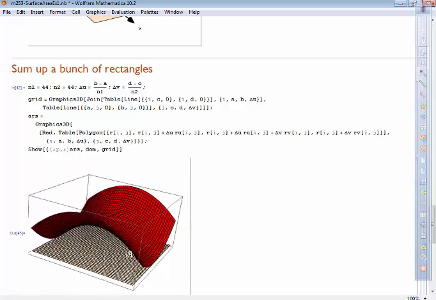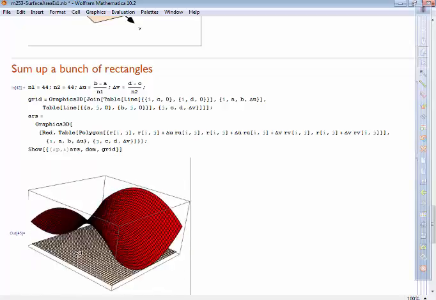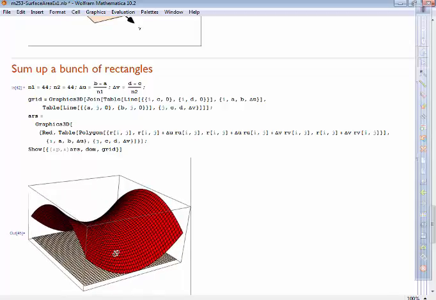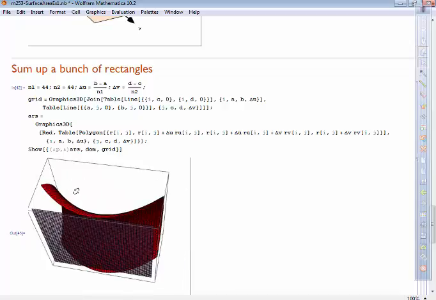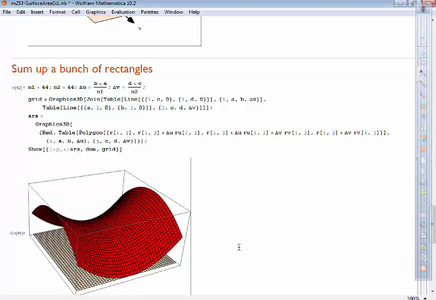This almost looks like the whole surface, but if you take a close look, there are little holes and gaps because these are just planes that are trying to mimic the surface. Anyways, that's a nice picture.